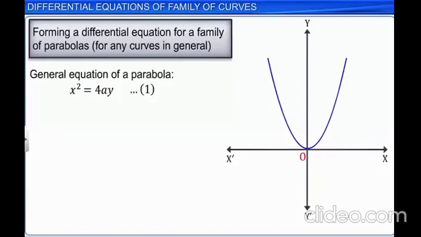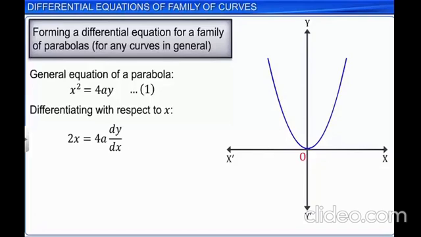So, differentiating both the sides of the equation with respect to x, we get 2x is equal to 4a into dy upon dx. Rearrange the terms in the equation as shown.